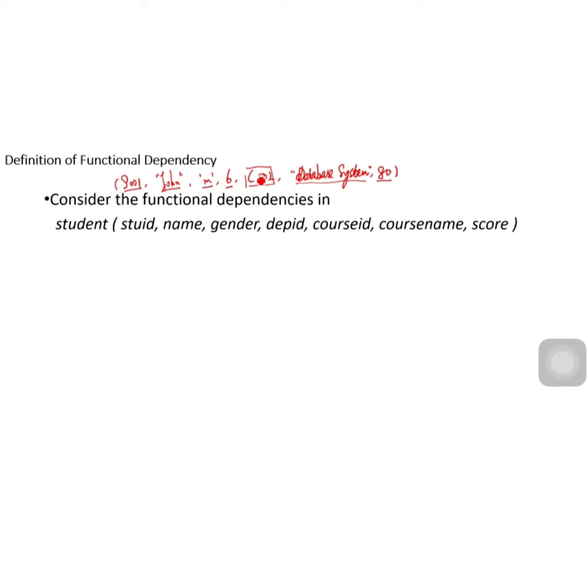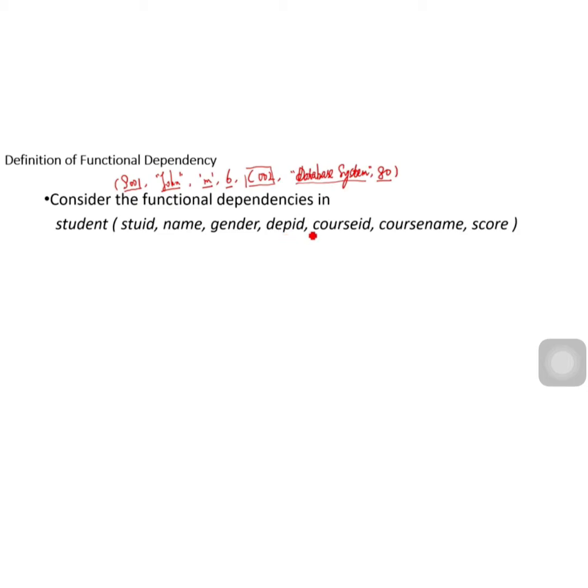Okay, now before we assert the FDs in this relation, I'll tell you some facts, the database requirements. Student ID identifies each student. A student has only one name, one gender, and one department.